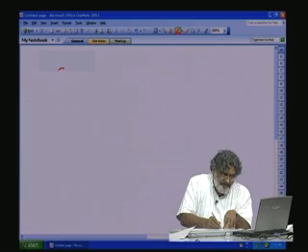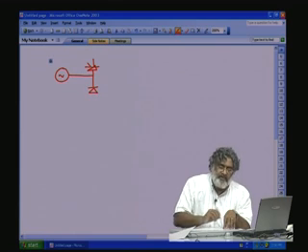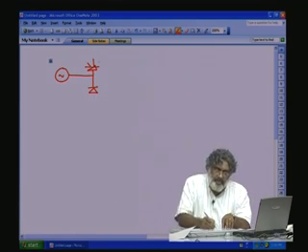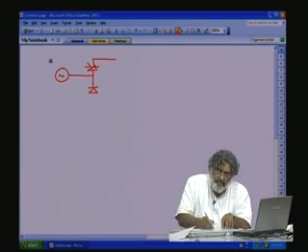Again, we want only positive voltage, 0 to positive output DC voltage. So, for the bottom converter, the semi converter, we will use diodes. The bottom switches we will use diodes.